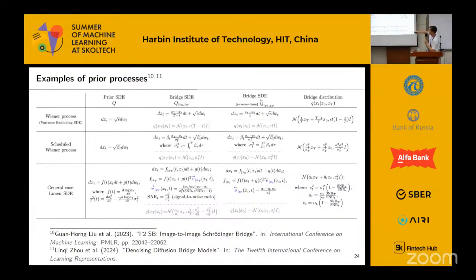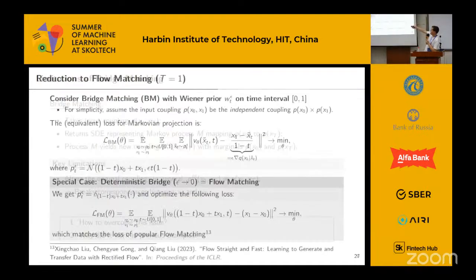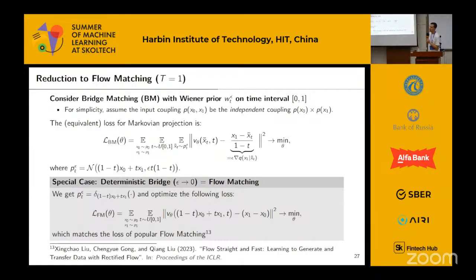dX_t equals the square root of epsilon, the variance, multiplied by the differential of the standard Wiener process. Basically, if we write down the bridge matching objective with the Wiener prior with given variance epsilon, since everything is tractable here, one may note that we have to optimize the following loss.